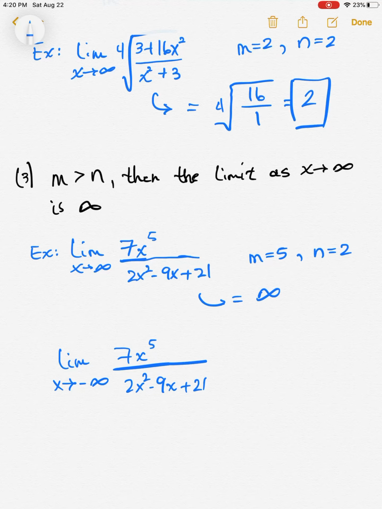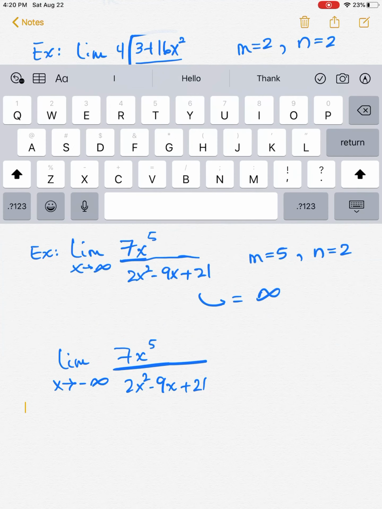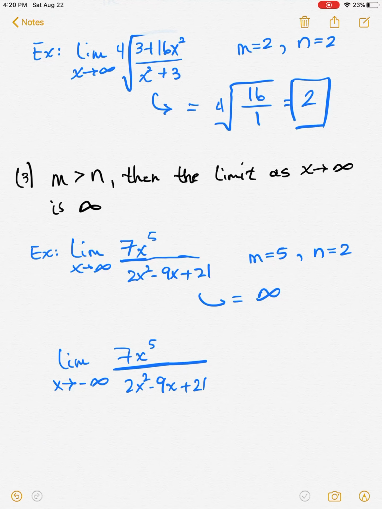What I would say is look at those exponents. If we take the difference in the exponents, 5 minus 2, the difference is 3.